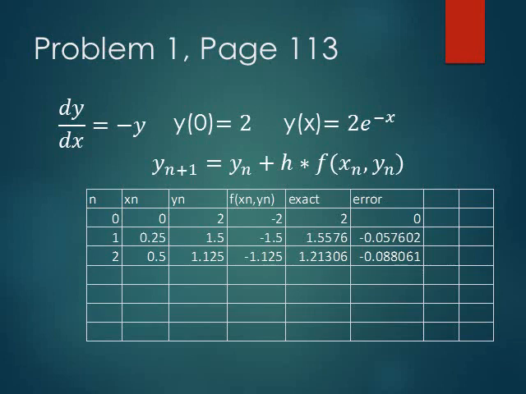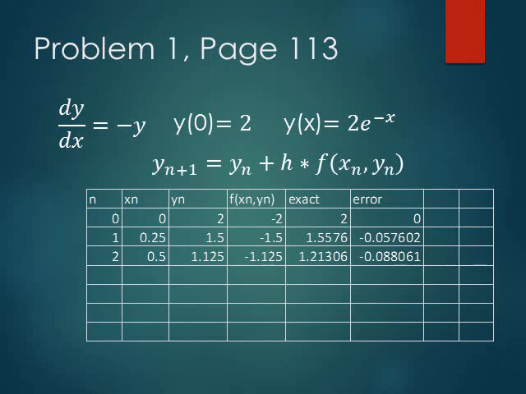So I have minus 2 times 0.25 plus my y value of 2, and I get my new y value of 1.5. Now, that does not match my exact solution, but it's close enough. It's only off by a half of a second decimal place, so it's not bad.